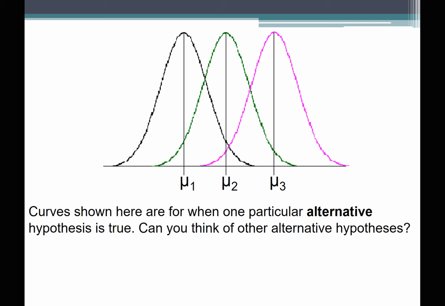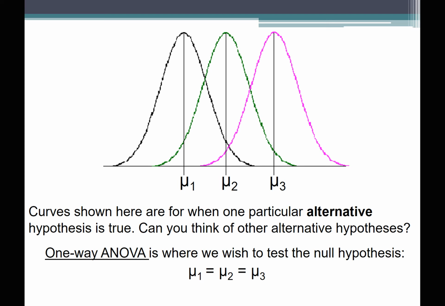Maybe the black curve and the green curve are the same, but only the pink curve is different. Maybe the green curve and the pink curve are the same and the black curve is different. Maybe they're more spread out, maybe they're closer together. Maybe the pink one is just really far on the right hand side, but the black and the green are close. Right, so there's all sorts of different scenarios where the alternative hypothesis would be true, that alternative hypothesis being that at least one of the means is different from the others.